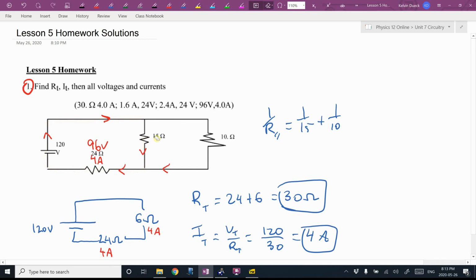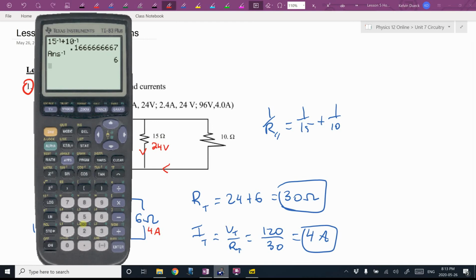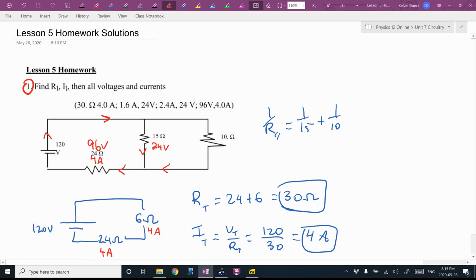How many volts must I use in this particular branch? 120 minus 96, or 24 volts. Knock, knock. I know 2 things, so I know 3 things. I can tell you the current is going to be V over R, 24 divided by 15, 1.6 amps.